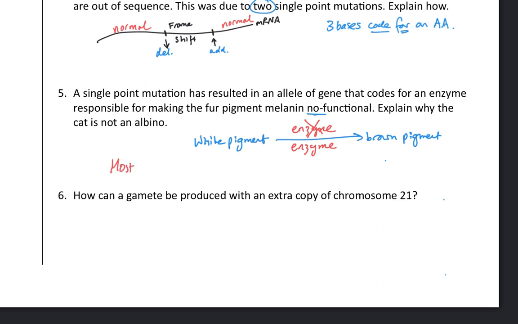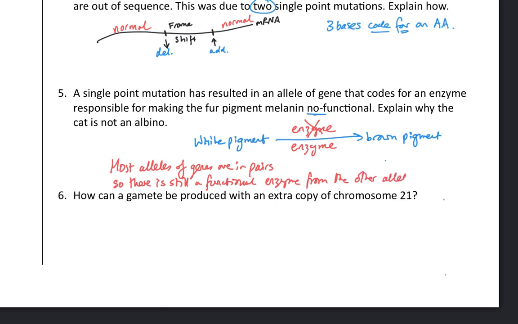Most alleles of genes are in pairs. So there is still a functional enzyme from the other allele of this gene.